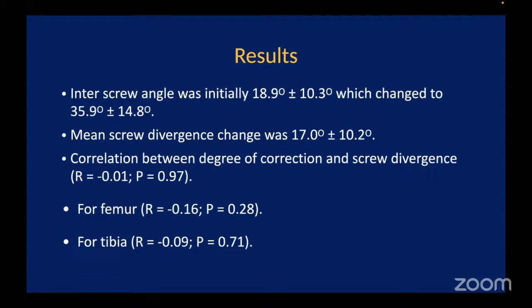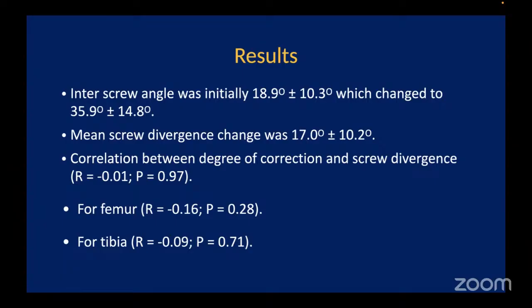After this, the interscrew angle was initially 18.9 degrees with a standard deviation of 10.3 degrees, which changed to 35.9 degrees with a standard deviation of 14.8 degrees. The mean screw divergence change was 17 degrees with a standard deviation of 10.2 degrees. The correlation between the degree of correction and the screw divergence showed a negative correlation, and the p-value was 0.1797.